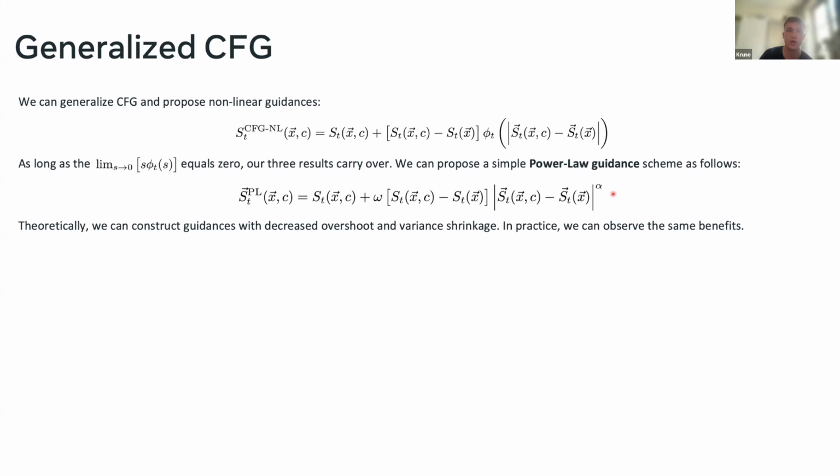This parameter alpha has to be greater than -1, but it can be anything greater than -1. Because our theory tells us that when alpha is non-zero, which means that we do not have standard classifier-free guidance, the variance of the target distribution is going to be smaller, and this overshoot that we observed previously is going to be shrunk.